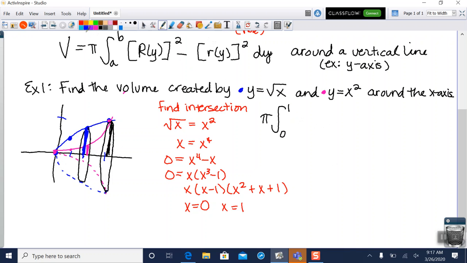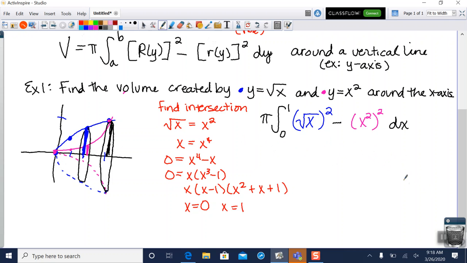Our outer function that's creating the outside of the volume is the blue function, so that's the square root of x, squared, because my r function gets squared, minus the inner function, which is x squared, which has to be squared. And we're going around the x-axis, so that makes this a dx. And all my things are in terms of x. So all we have to do is go ahead and find this integral.